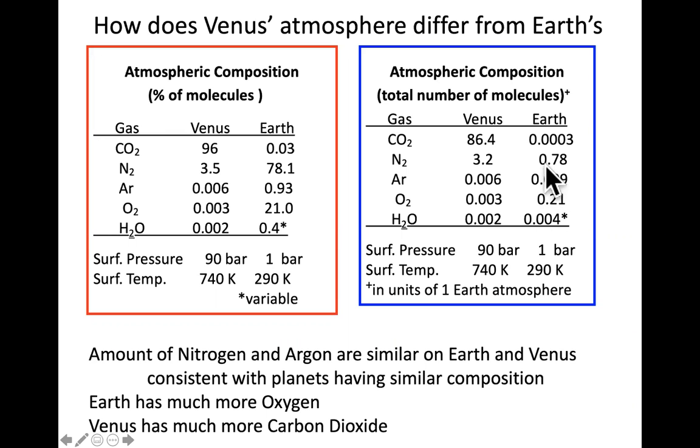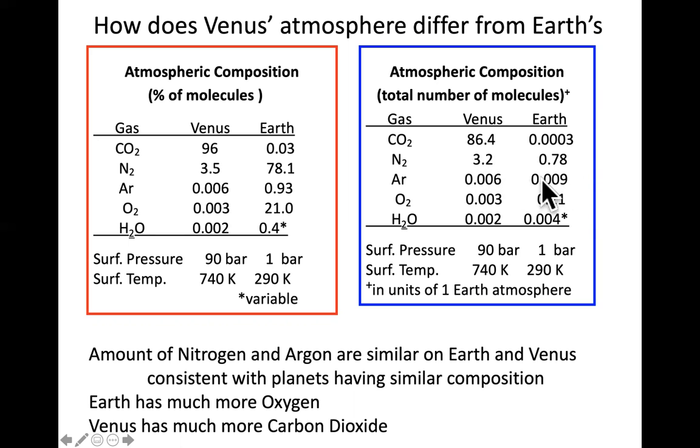So Earth has 0.8 Earth atmospheres of nitrogen, 0.2 Earth atmospheres of oxygen, and some amount of argon, carbon dioxide, and water. Okay, in that case, what about Venus? Well, Venus has 90 times Earth's atmosphere, so you have to multiply these numbers appropriately. And what you find is, okay, it has a bit more nitrogen, but they're kind of close, 3 versus 1.